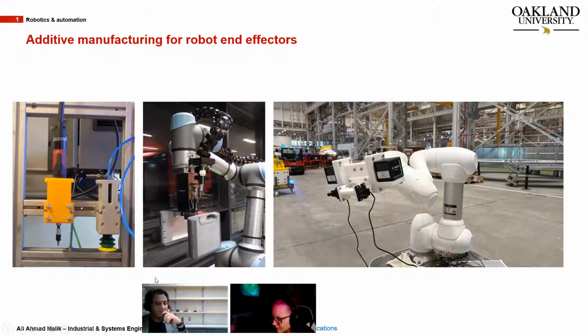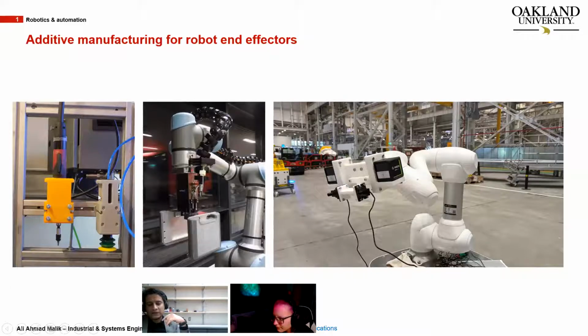So this is one technique that is used quite a lot in manufacturing applications, to make these fingers or end effectors with additive manufacturing. The purpose is to reduce the development time as well as the cost. Of course, the life of these tools is shorter as compared to aluminum or machined components.